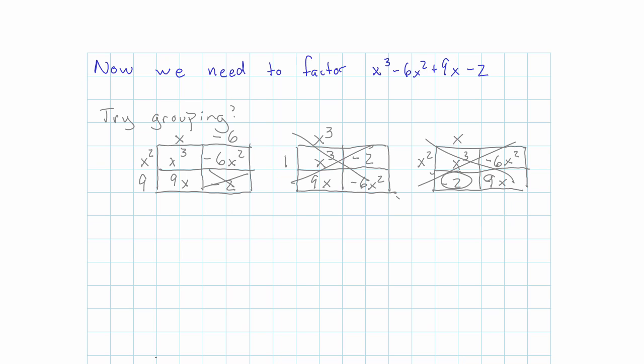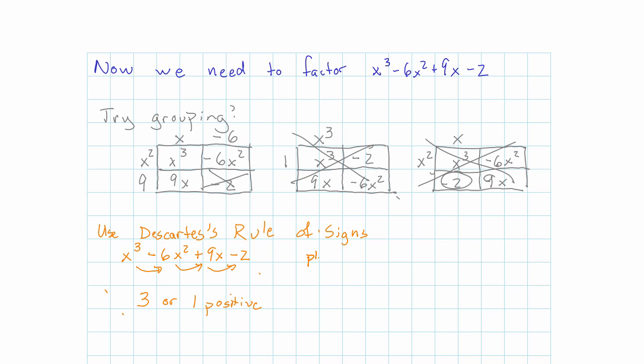So I want to go to the rational roots. We're going to use Descartes' rule of signs to analyze this guy. So we've got x to the third minus 6x squared plus 9x minus 2. That's going to be 1, 2, 3 sign changes. So we'll have 3 or 1 positive roots.